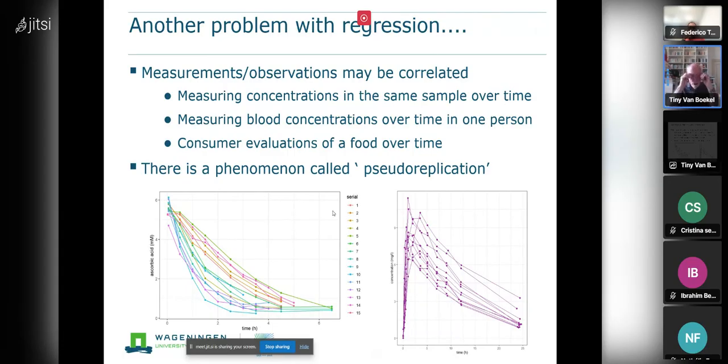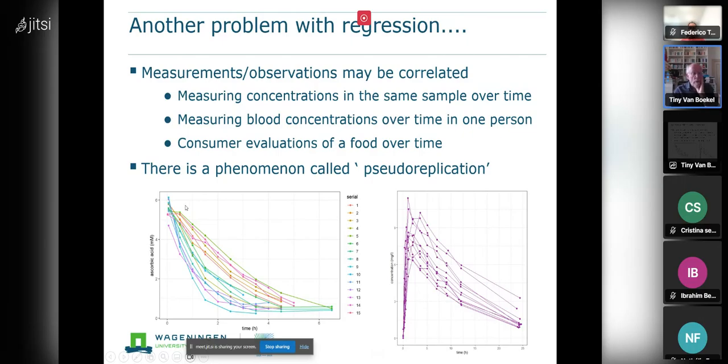So to take this example of this vitamin C degradation, these measurement points are from a reactor. So each point here comes from the same solution. It's just followed over time.